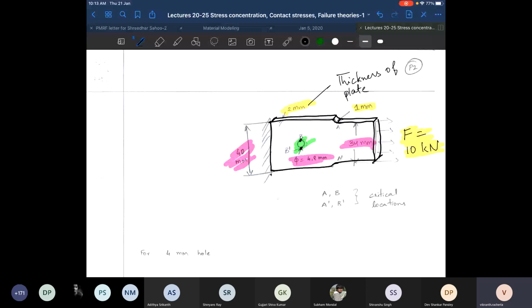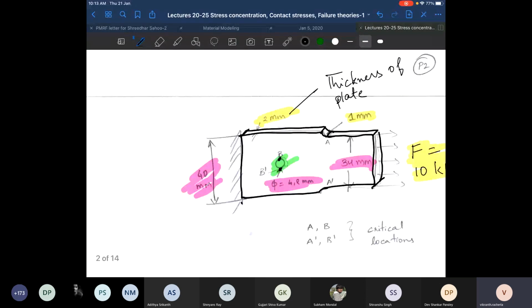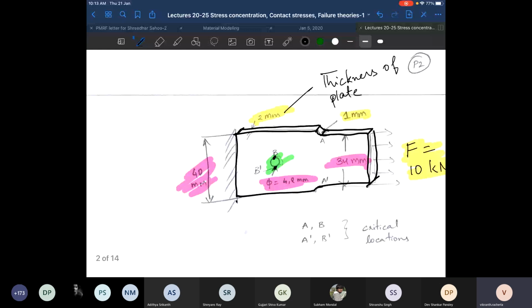These would be two critical points, which I am denoting as B and B dash, and the other two critical points are going to be A and A dash, here and here. Because of the symmetry in the problem, I just need to bother about A and B.